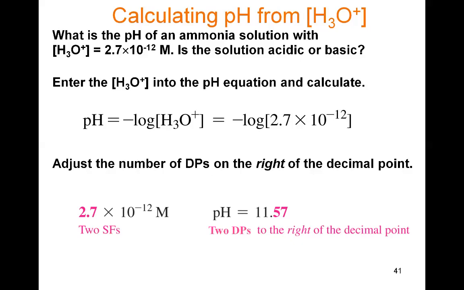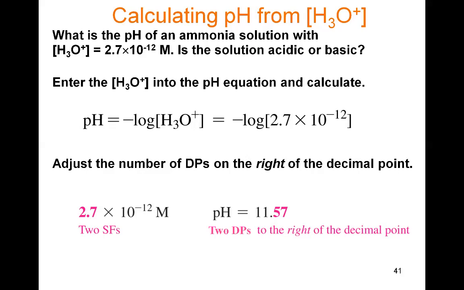The calculator answer should be 11.568636, etc. If you did not get that, you need to seek help to know how to use your calculator. We need to think about how many decimal places we will keep for the pH value.